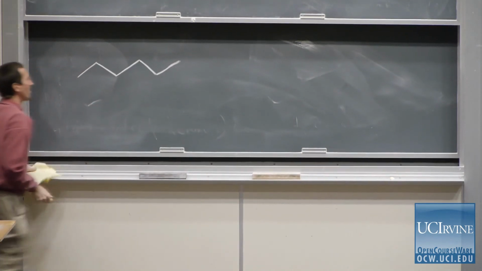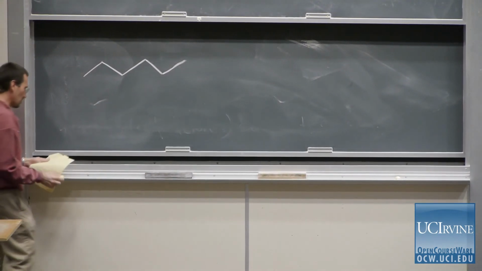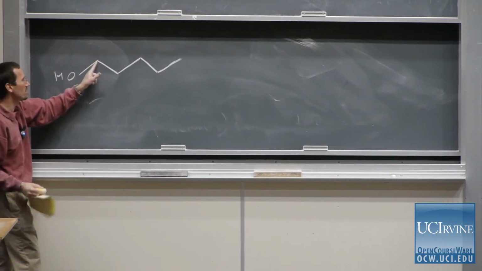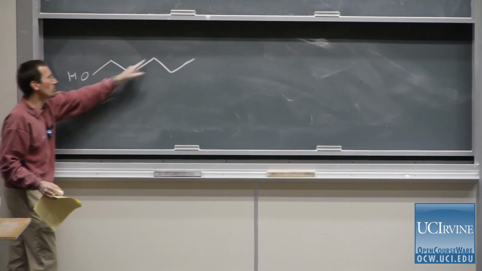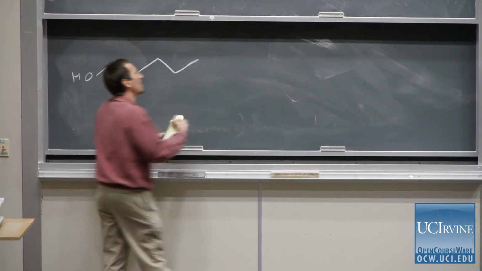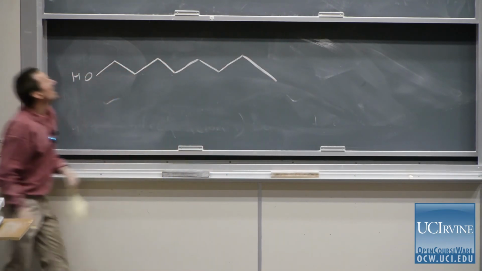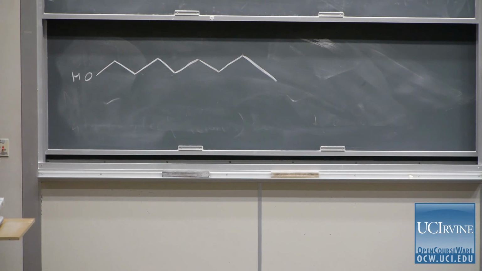You have to think, all right, there's an octane chain, so there's an 8-carbon chain with an alcohol at the 1 position. So 1, 2, 3, 4, 5, 6, 7, 8, and an alcohol at the 5 position.